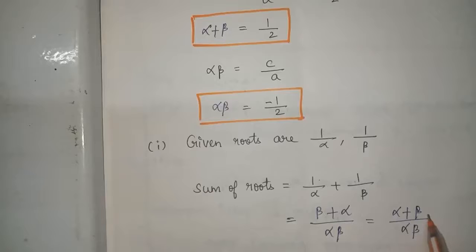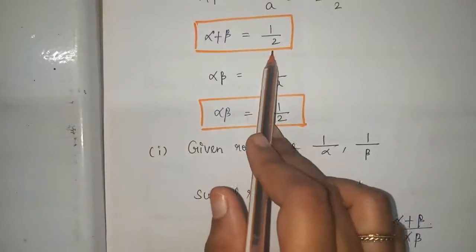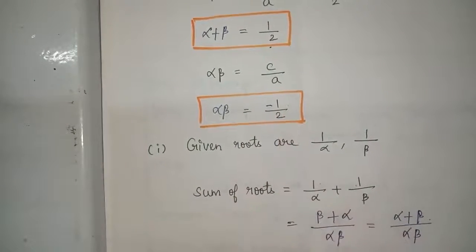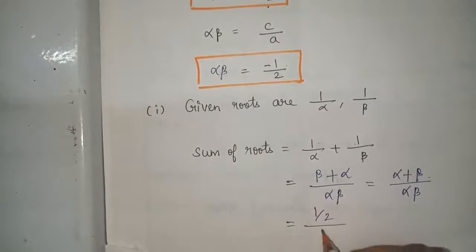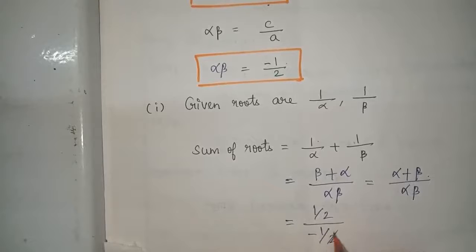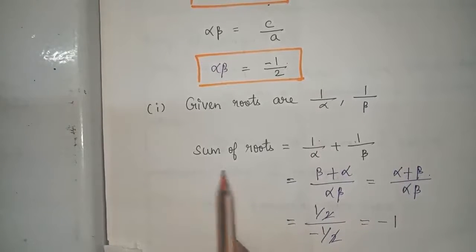Now you know the value for alpha plus beta is 1 by 2 and alpha beta is minus 1 by 2. So which is equal to 1 by 2 divided by minus 1 by 2. 2 gets cancelled, which is equal to minus 1. Therefore sum of roots is equal to minus 1.